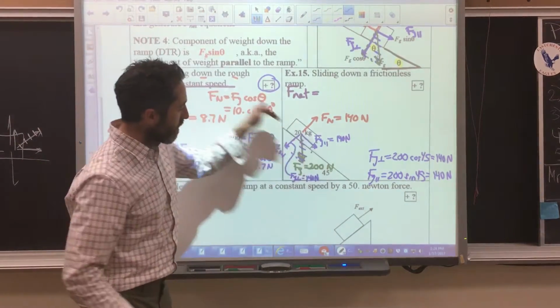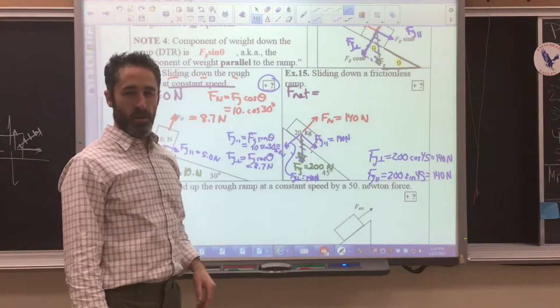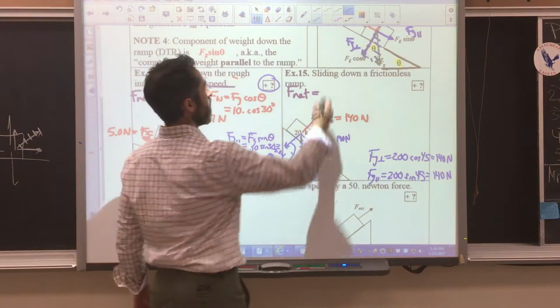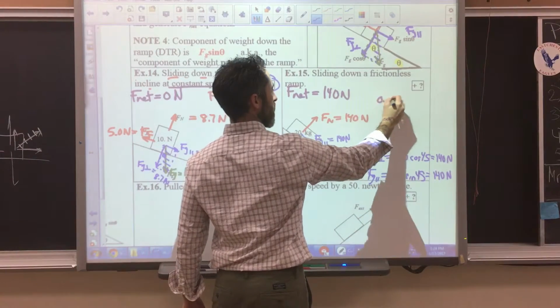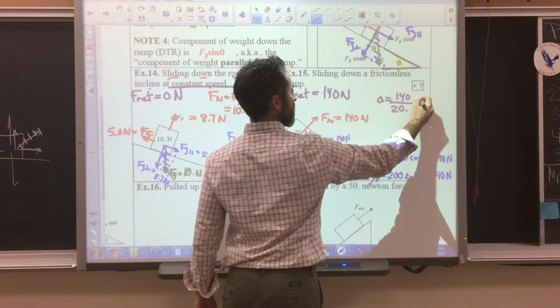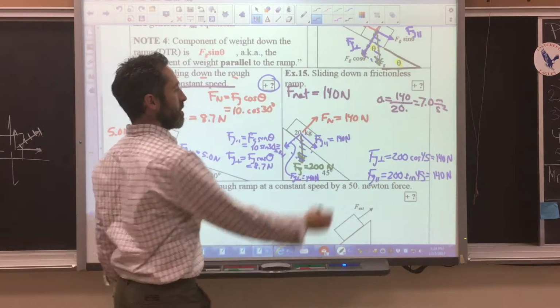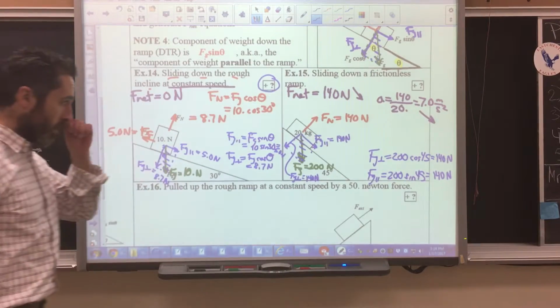In the parallel direction, there is not balance. There is only FG parallel. And FG parallel is 140, and so that's the net force. Of course, you could find the acceleration, 140 over the mass is 20, which comes out to 7 meters per second squared down the ramp. F net is down the ramp. This is also parallel down the ramp.